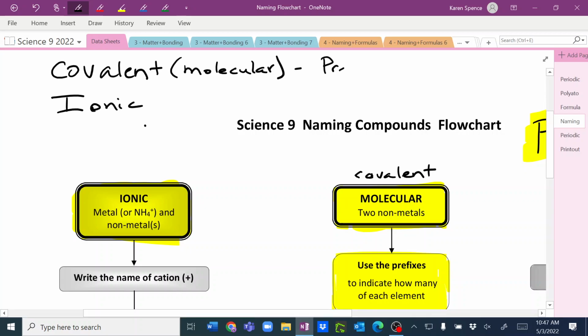Prefixes. And how about ionic? No prefixes. Okay, so prefixes, no prefixes. That will be quiz number 3, when you have both types of compounds and you have to decide whether to use the prefixes or not.